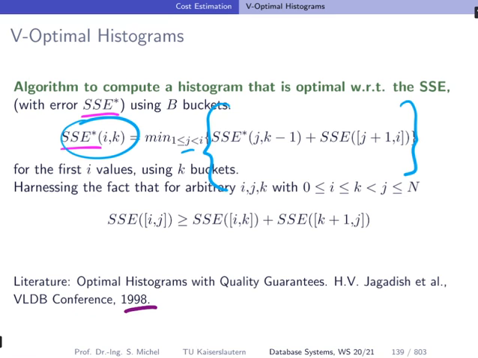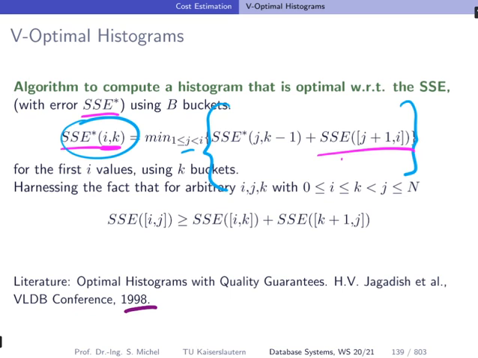We iterate over parameter J, and SSE star I, K is the minimum over all possible SSE star of J, K minus 1, plus the SSE of one additional bucket.